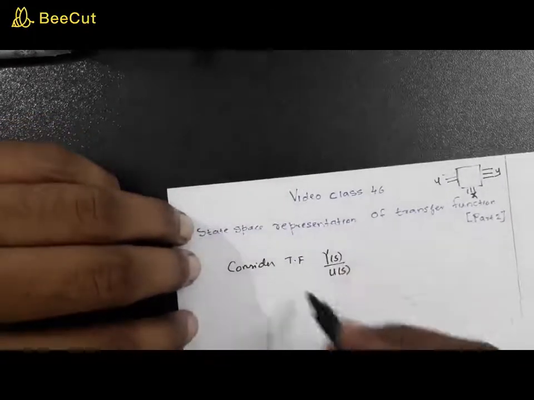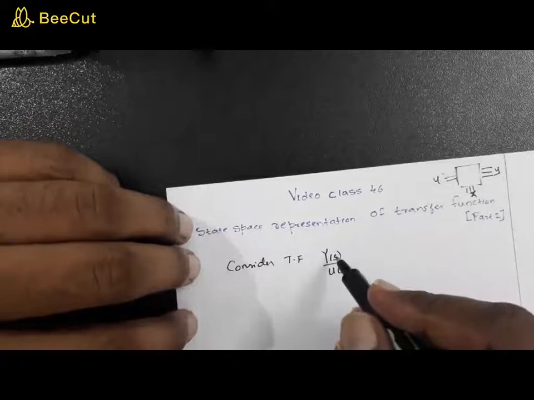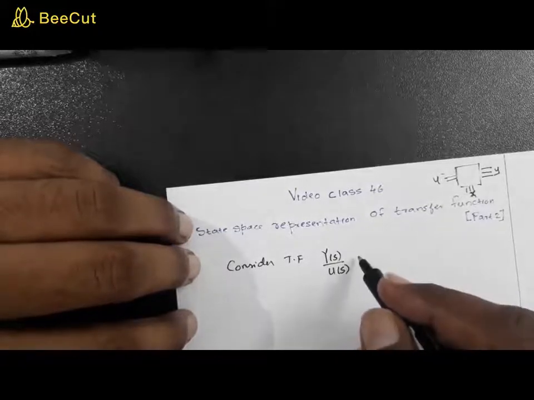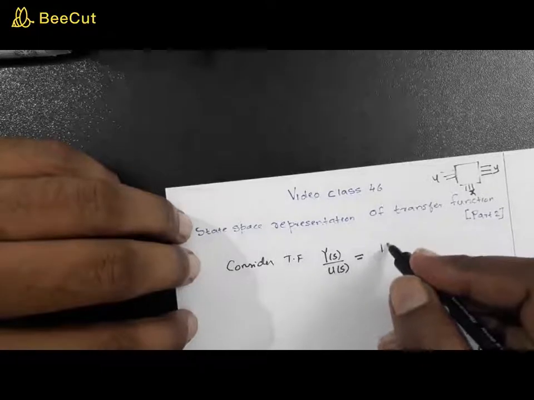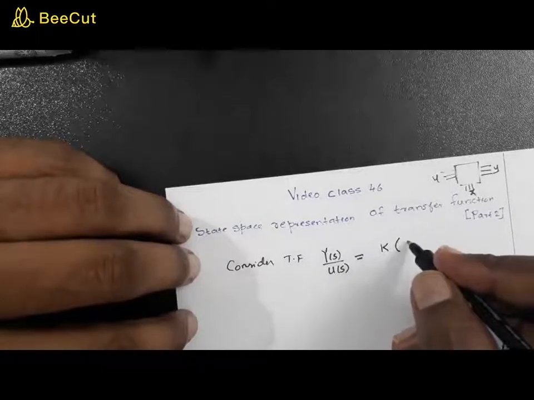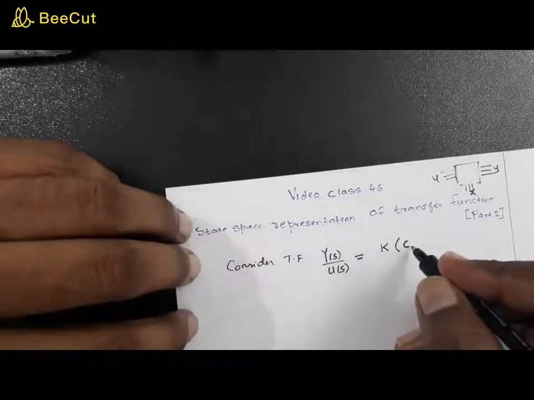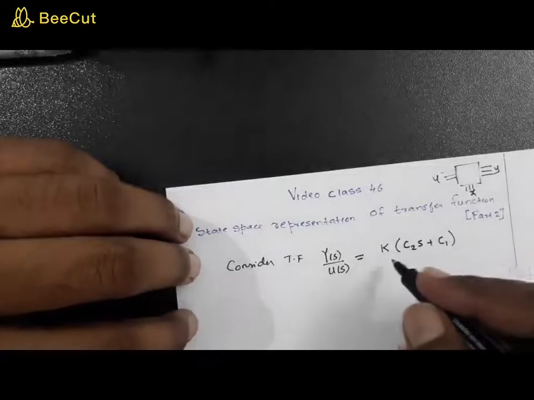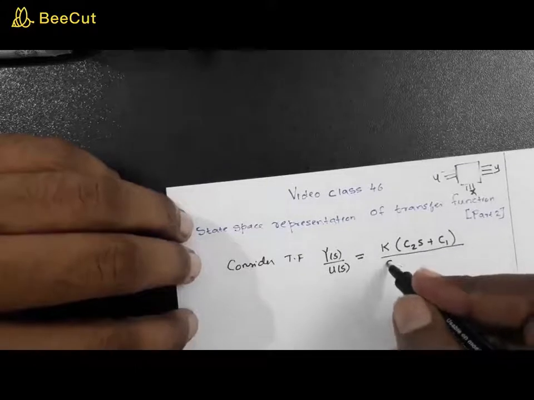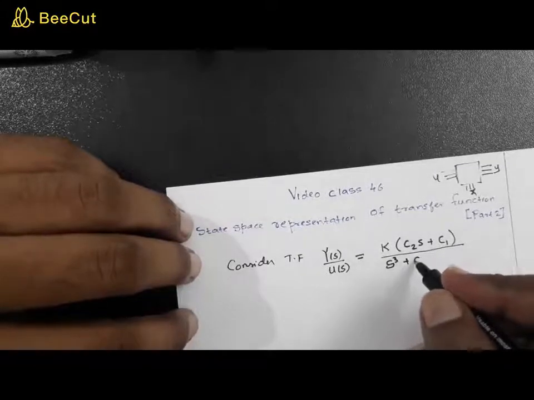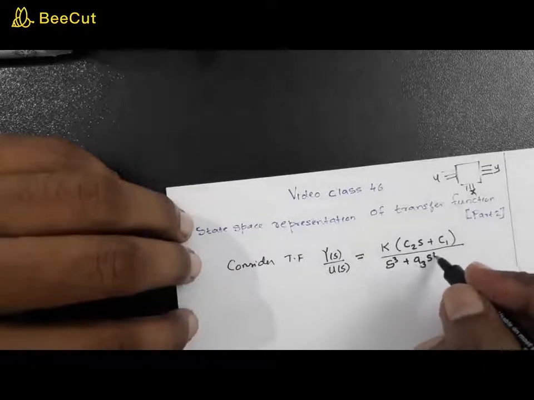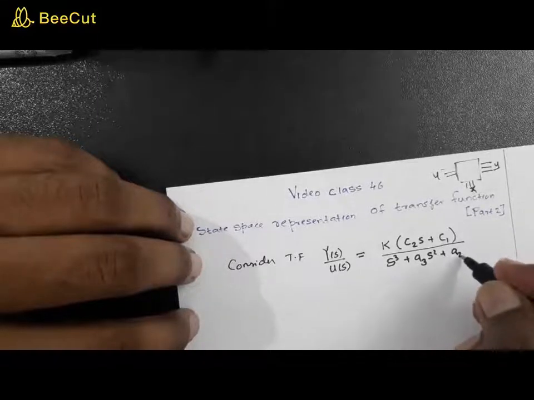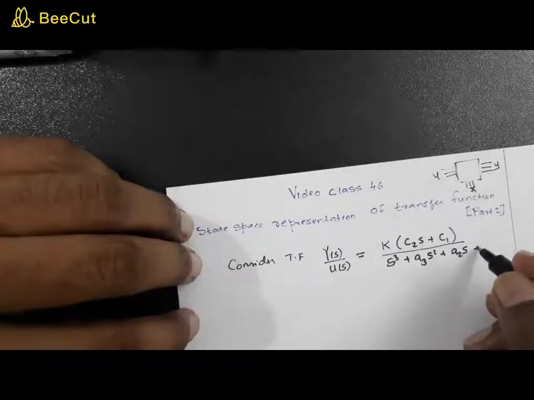So when you consider the transfer function of such a system, it will be y of s to u of s, and let the y of s by u of s be say k into c2s plus c1 divided by s cube plus a3 s square plus a2s plus a1.